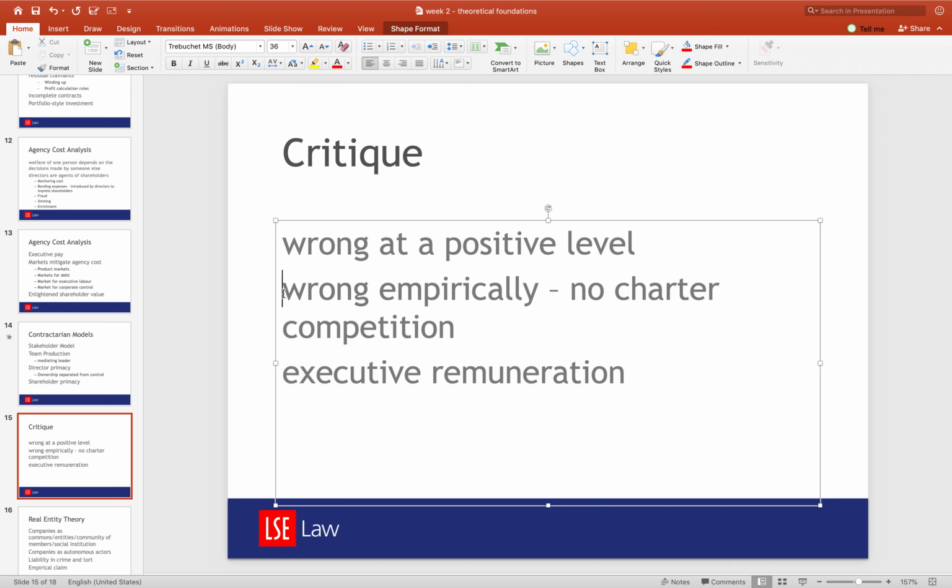So it's not the case that different shareholders or different companies adopt different models. And another way of critiquing this approach is that executive remuneration has been a main recommendation by the proponents of agency theory, and it hasn't worked. So we've got very serious problems with executive remuneration.